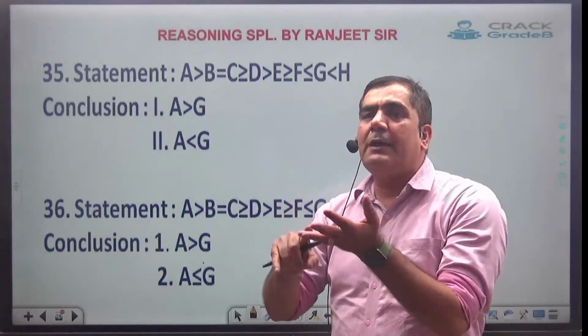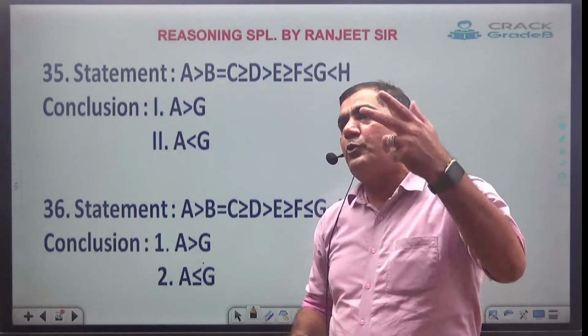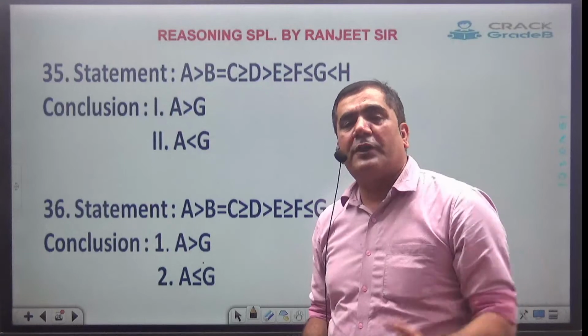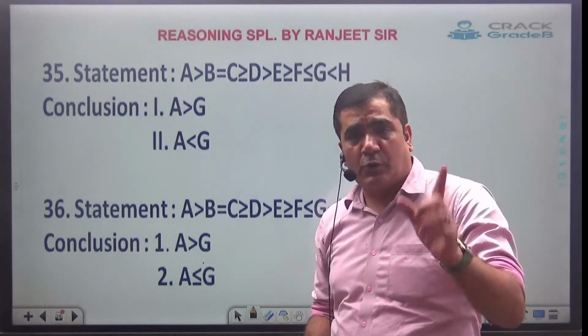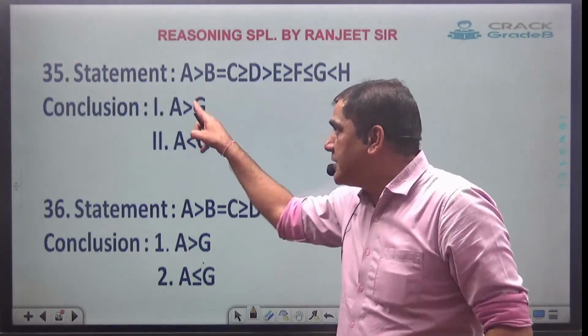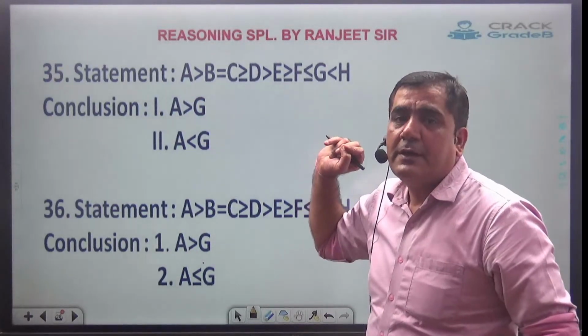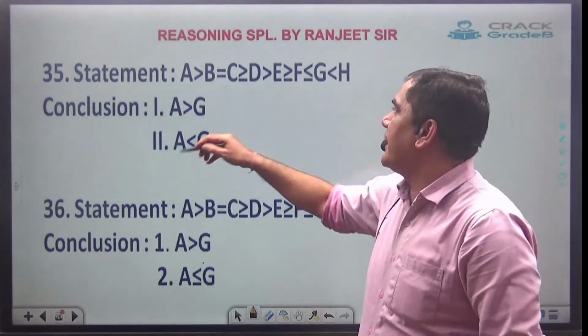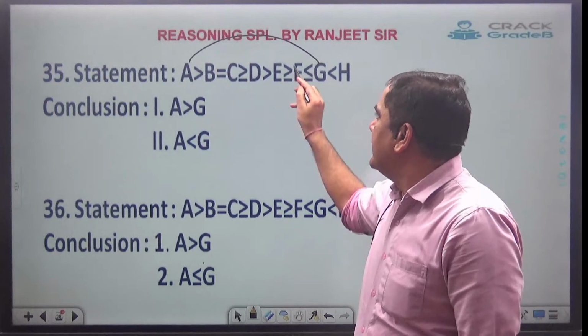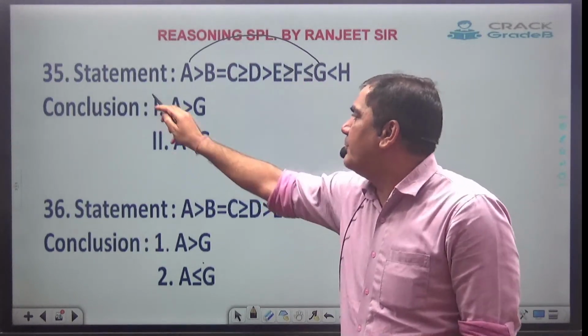Because the primary condition says whenever they have two faces, then out of the two faces, one must be equal to, which is missing in this case. Clear? So here simply check A and G. Both the faces have come. Both are wrong.